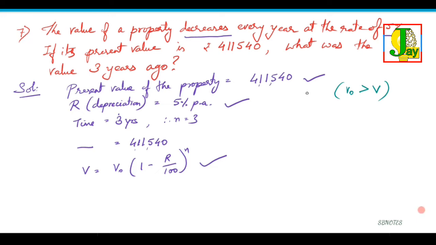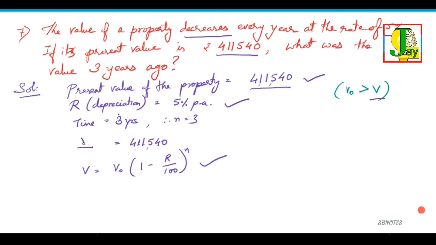Now here, in case of a depreciating problem, the original amount is more than the final amount. So the final amount is going to be lesser. You should not be confused. You just have to find out which one is less here, the final one, and hence this is the final value.